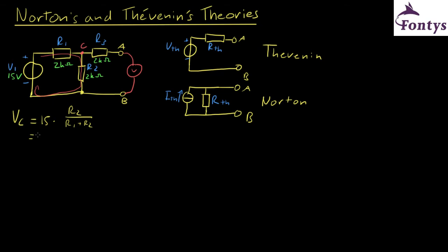If we fill in those numbers, we get 15 times 2k over 2k plus 2k. This is 2 kilo ohms over 4 kilo ohms, which is a half, so 15 times a half is 7.5 volts at point C. So the Thevenin voltage will be 7.5 volts.